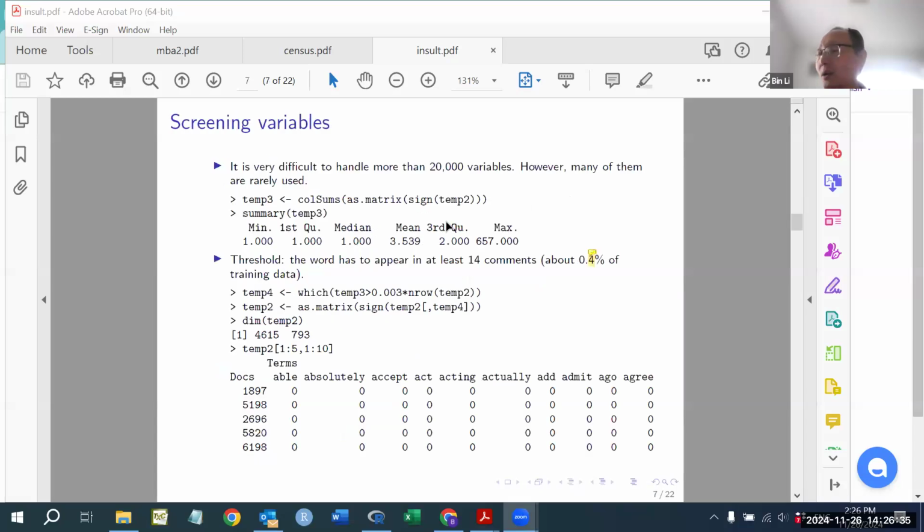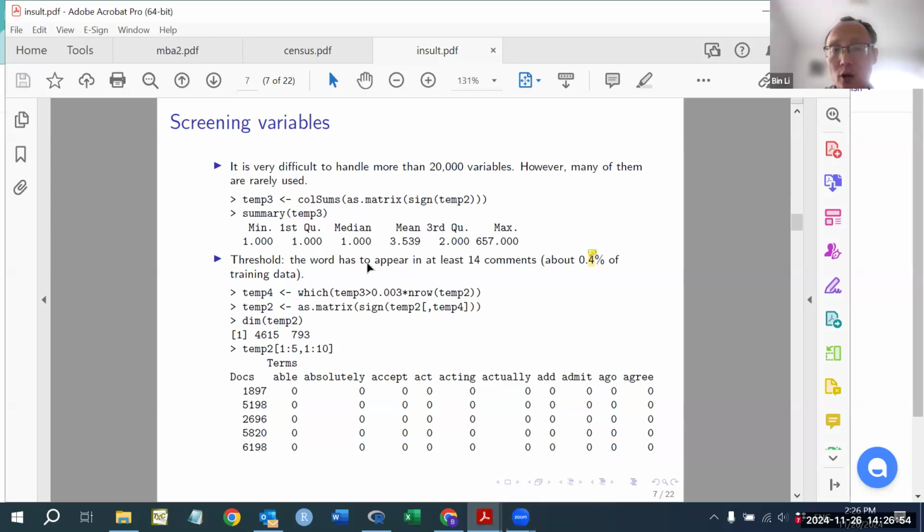And after that, we go to the second step to further screen away those words. This time we are focusing on those rare words. What does that mean? Rare words. Here, I'm just showing you an example.